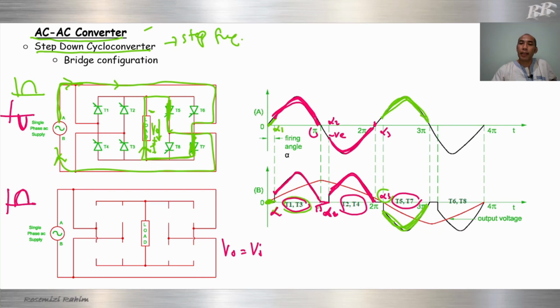Right, then at alpha 4, we trigger T6 and T8. Okay, T6 is here, T8 is here. Okay, this one is the negative cycle. So negative cycle from here, T6 and T8.